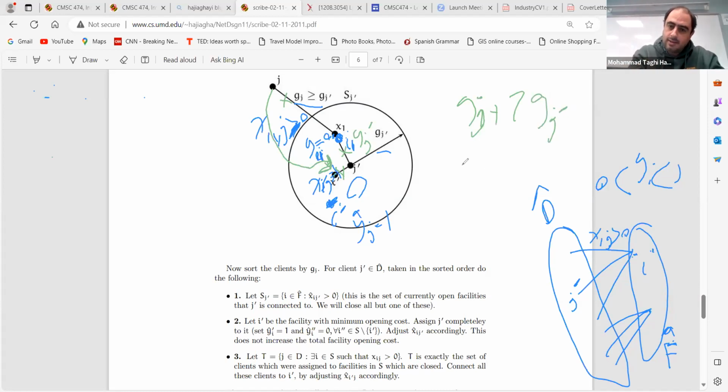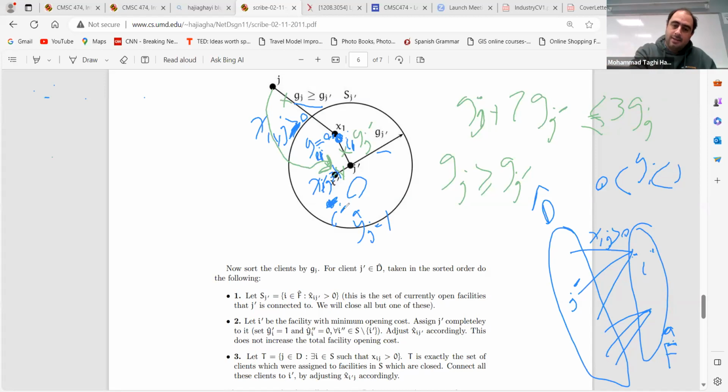But I know that G of j is greater than G of j prime. So the total cost that I'm paying would be at most 3 times G of j. And that's it. So the connection cost for those guys that are now assigned to this would be 3 times the connection cost.